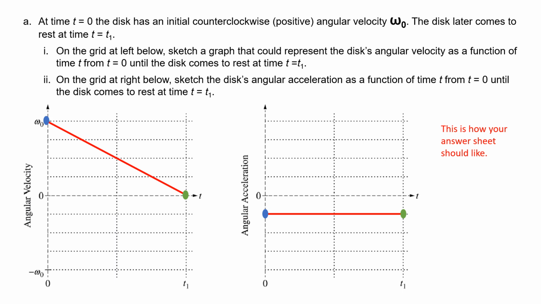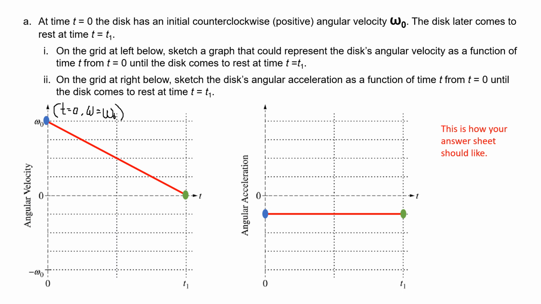So what's the value of x? t equals 0. And then our omega is omega sub naught. So that will be your value.